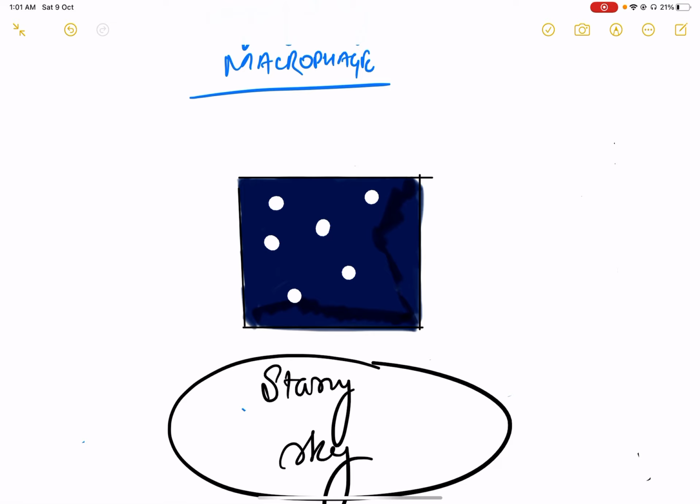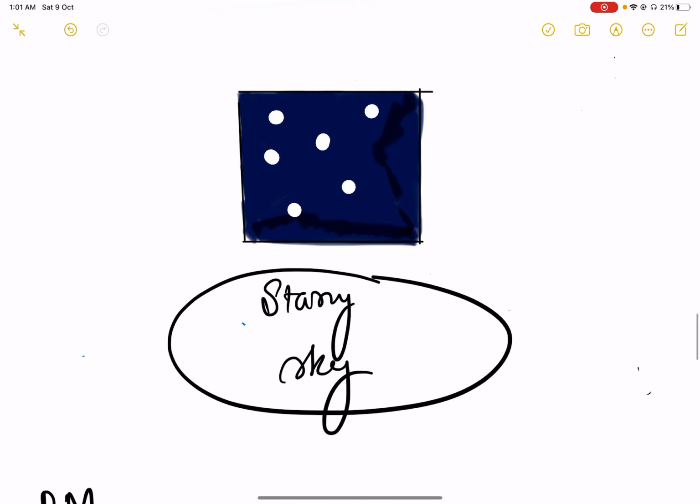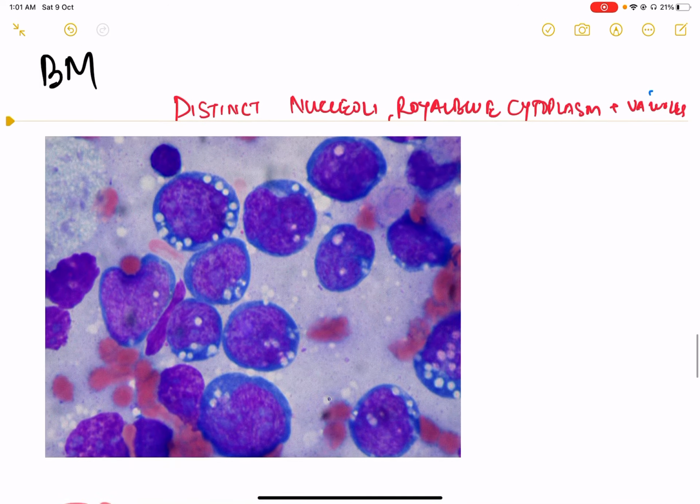They will be lipid-laden macrophages. They will be engulfing these apoptotic cells, and this will give rise to the classical starry sky pattern. As you can see, the background will be blue because it will be full of these tumor cells, and then the macrophages will be engulfing, and they will appear as white. And this white in the background of this dark blue and black is the starry sky pattern.